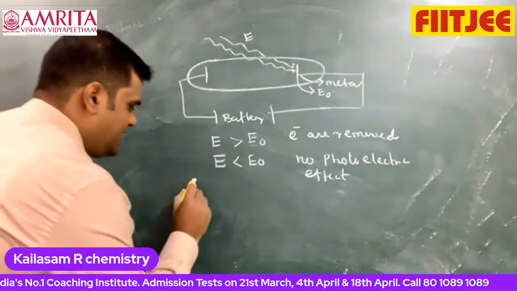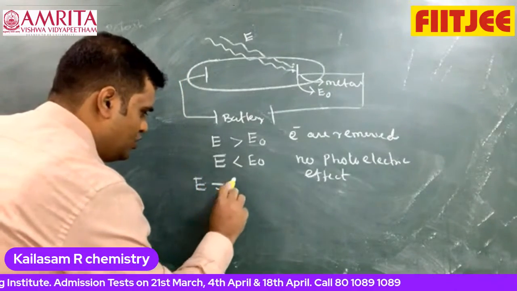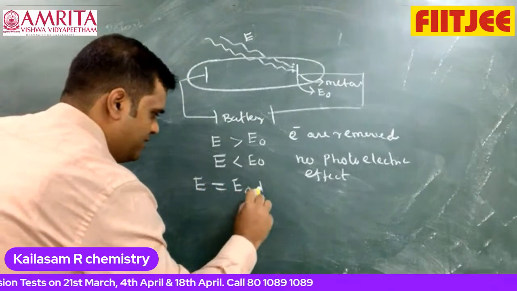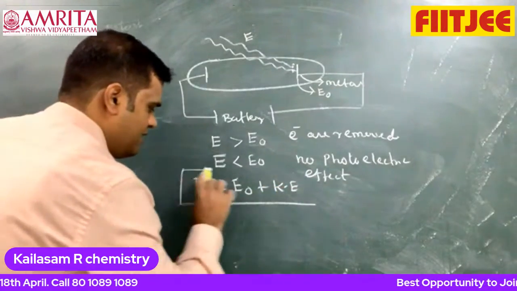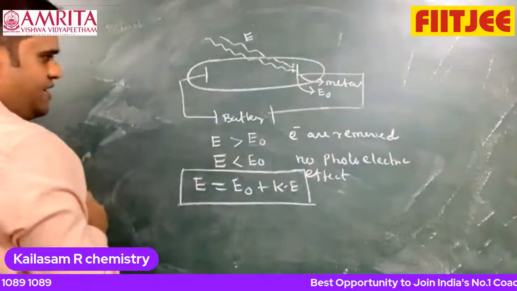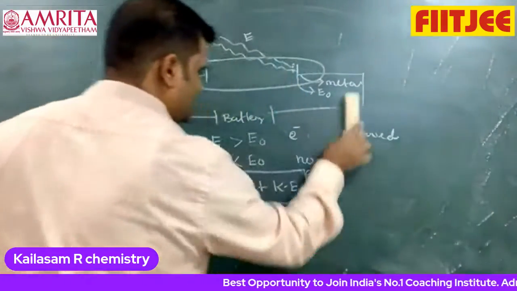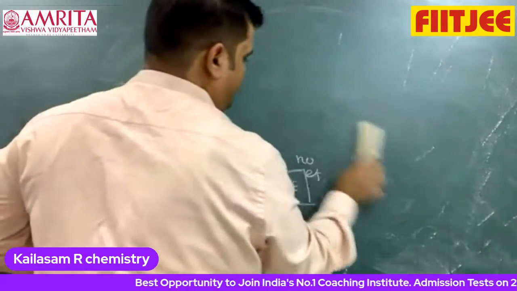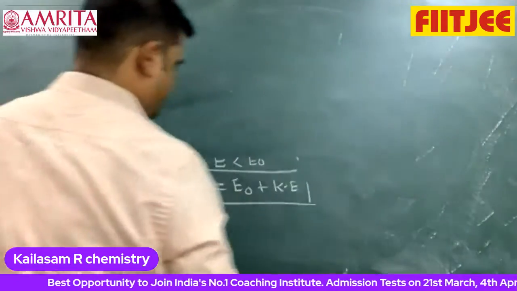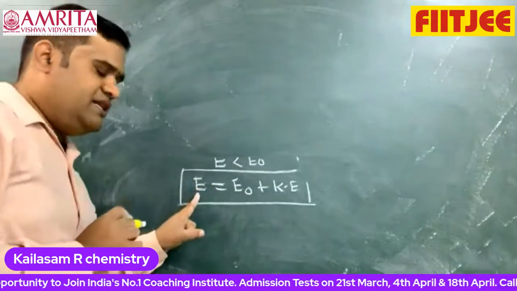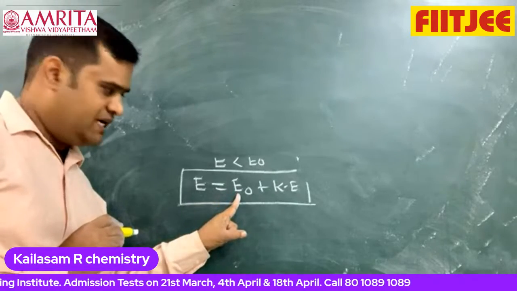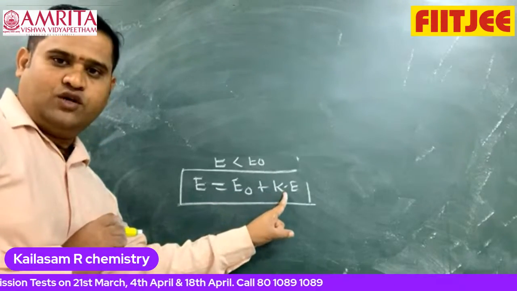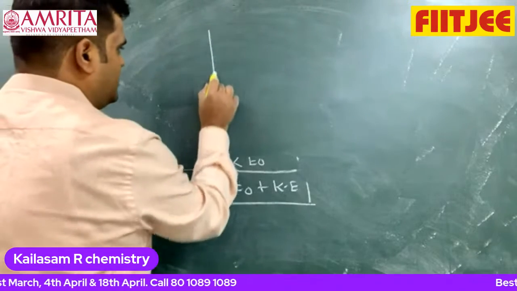The equation says that E is equal to E naught plus kinetic energy. Here E is the energy possessed by the incident light, E naught is the work function of the metal, and this is the kinetic energy of the photoelectron. Therefore, we can draw that.